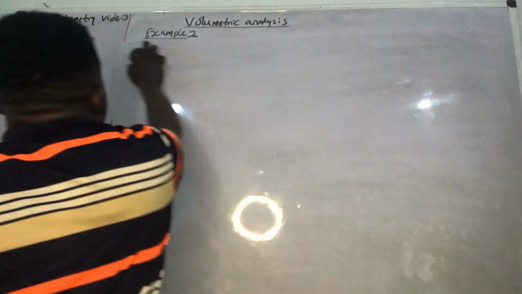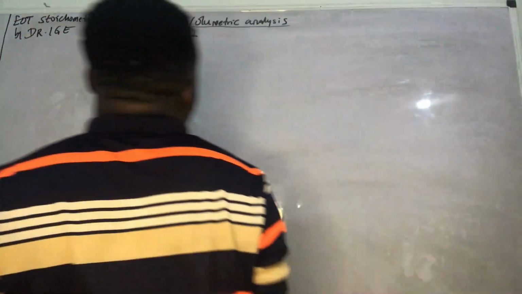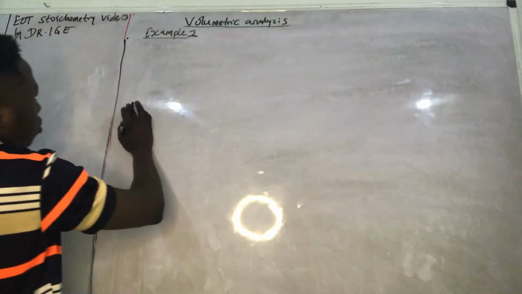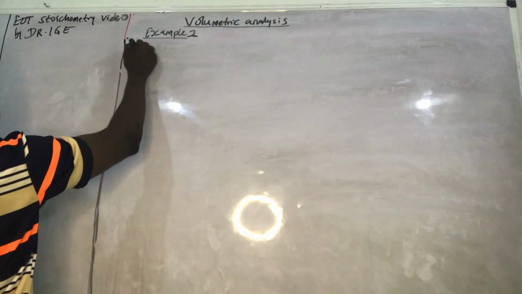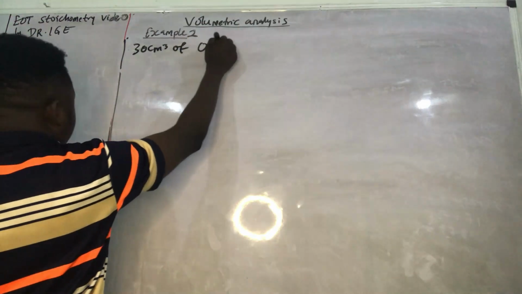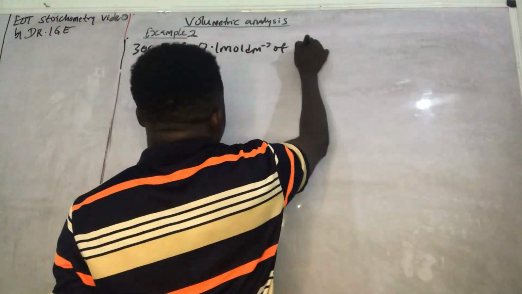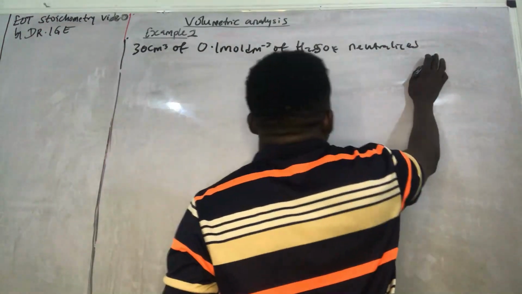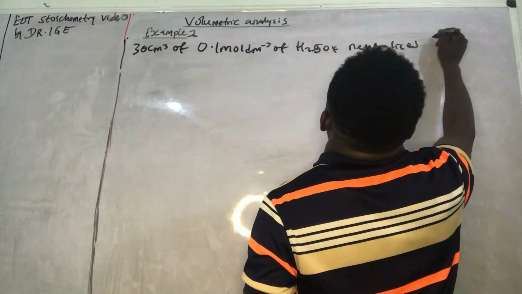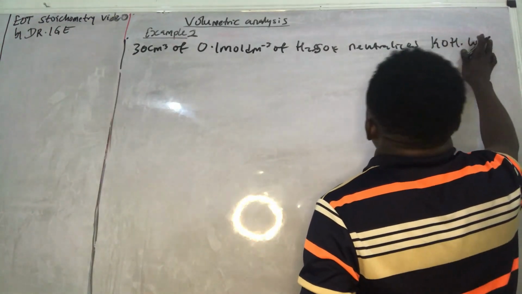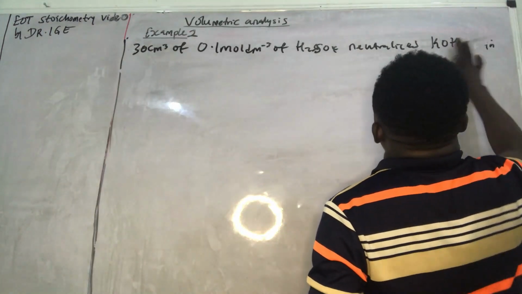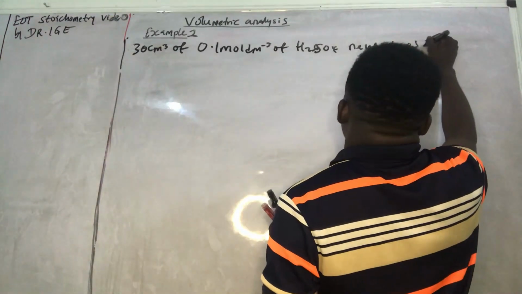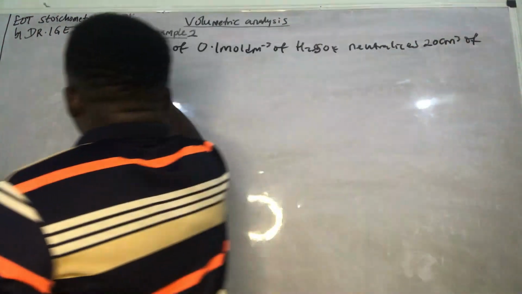Okay, let's do one of that complexity. 30 cm cube of 0.1 mole per dm cube of H2SO4 neutralizes 20 cm cube of KOH.